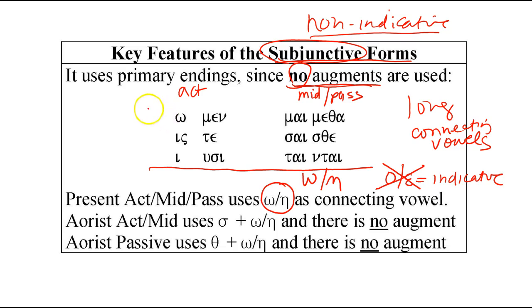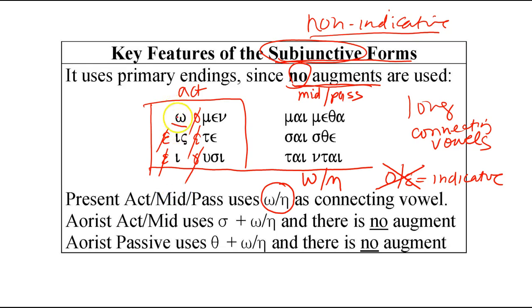But for the active suffixes, I've stripped those suffixes of their connecting vowels, and what you see here is o. That's the suffix for the first person singular, present active indicative. Instead of eis, you see is. Instead of ei, you see i. Instead of omen, you see men. Instead of ete, you see te, and instead of ousi, you see usi.